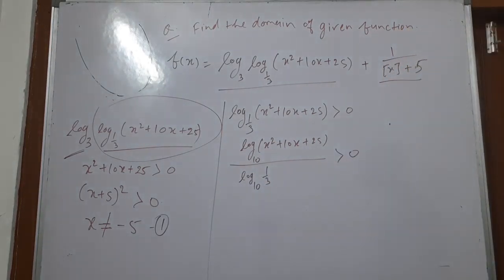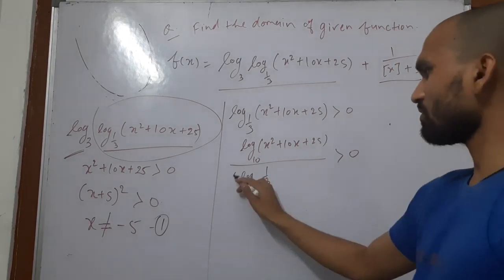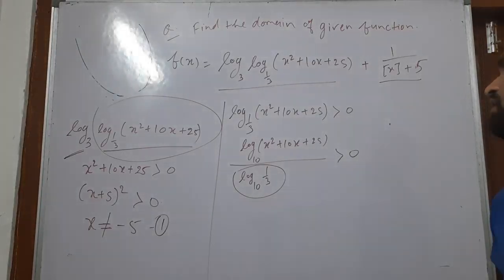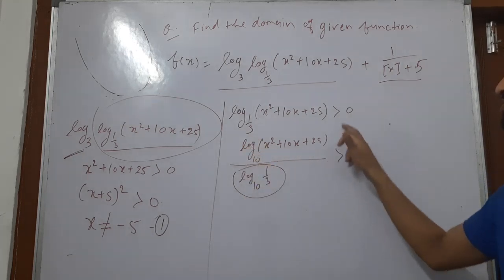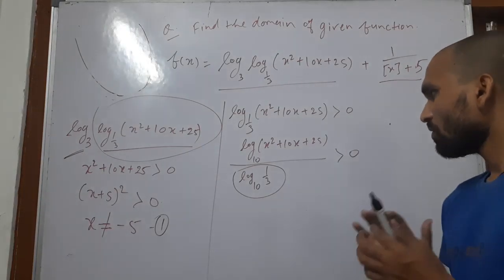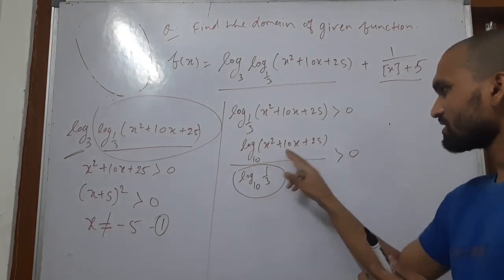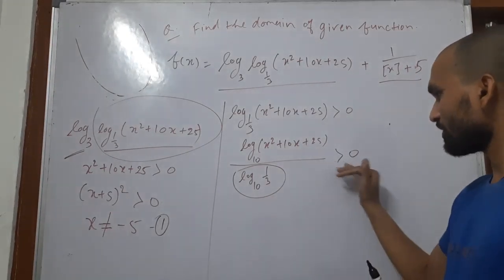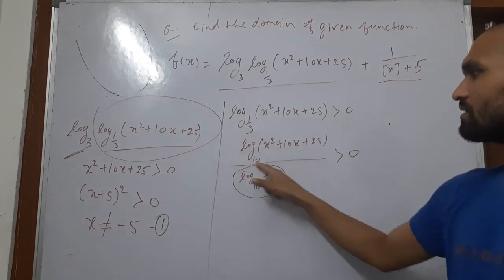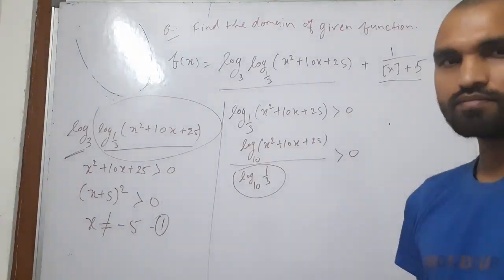As we know, log 1/3 is negative. So on removing this part, this function should be negative, because this is negative and the whole thing is positive. If we remove one negative, then this should be negative.